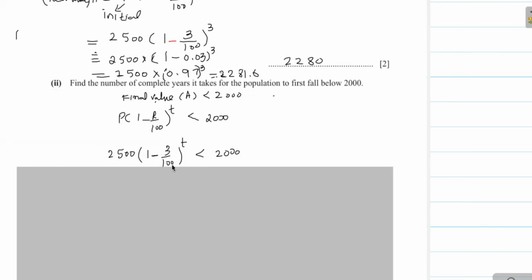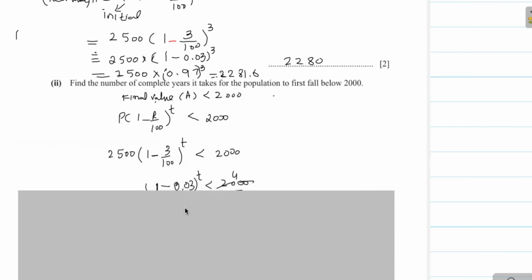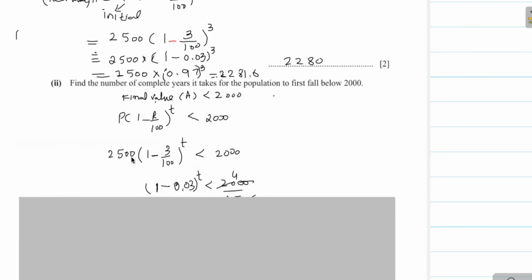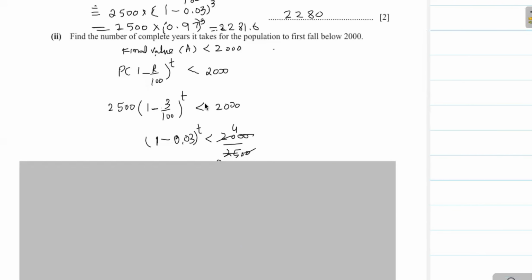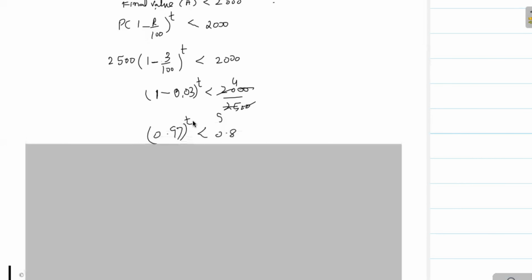Now 1 minus 3 over 100 equal to 1 minus 0.03, which is 0.97. 2500, we shift from left to right side, that will be equal to 2000 over 2500. So 0.97 whole power t will be equal to 0.8.